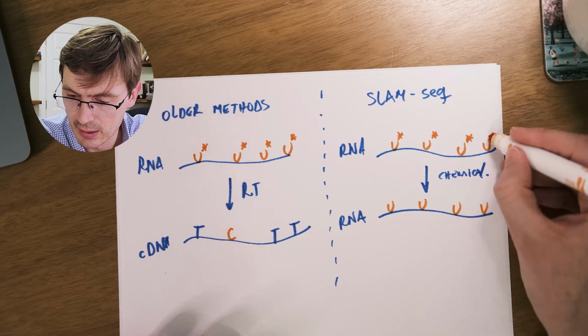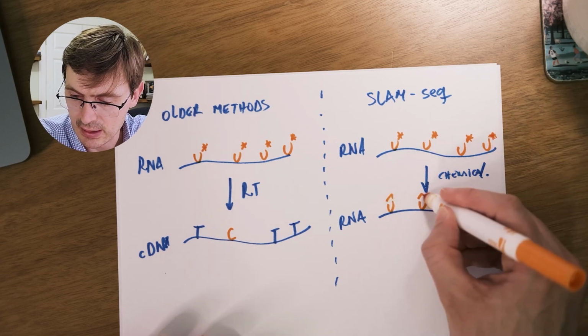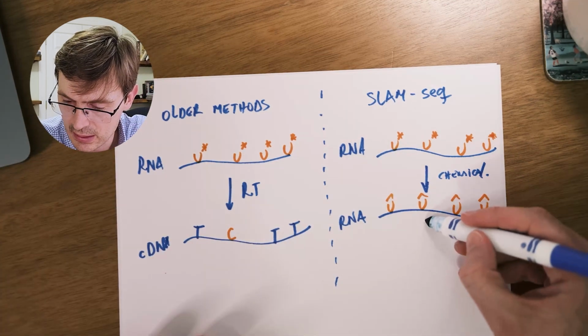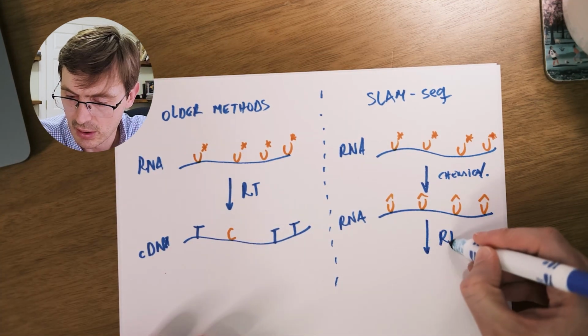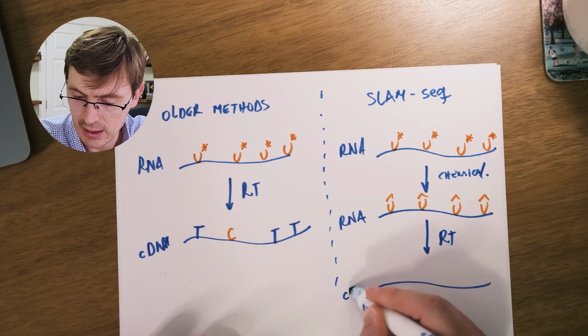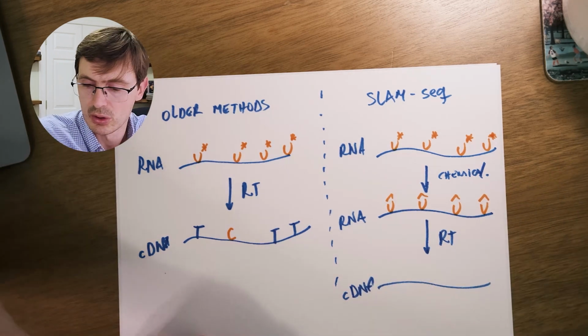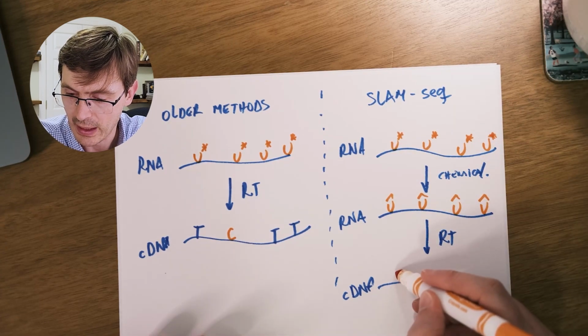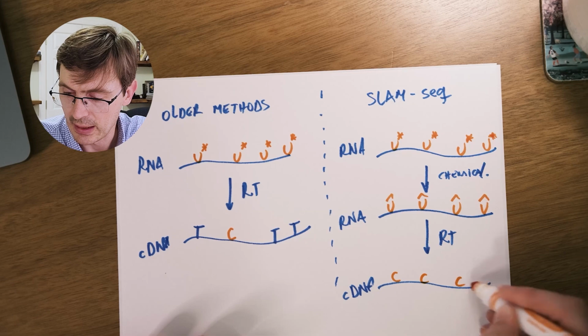So instead of the star here, we can say that these U's have a hat now. And it's now, when you have this further modification, that you do the RT to get the cDNA, and you get that most of the original incorporated modified nucleotides are actually reflected in the cDNA.